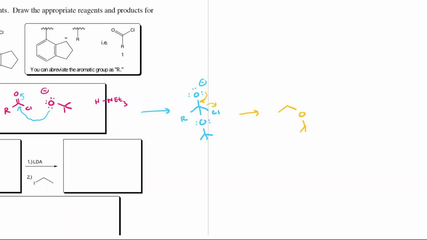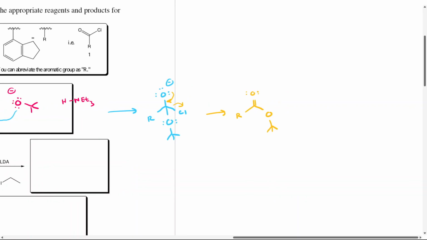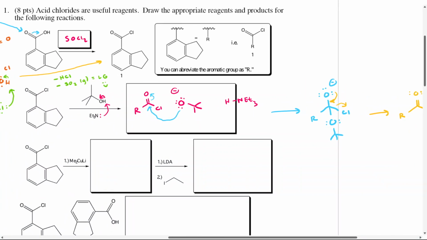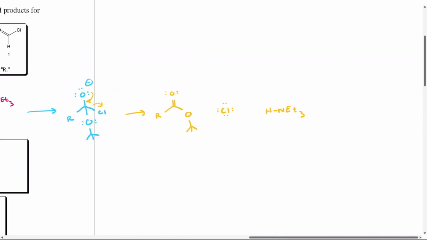Your ester, your carbonyl that's happy again, and Cl in solution, your H and Et3N. And if we think of this as a catalyst, we could think that maybe the chloride takes it back.